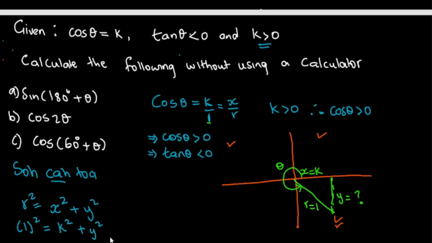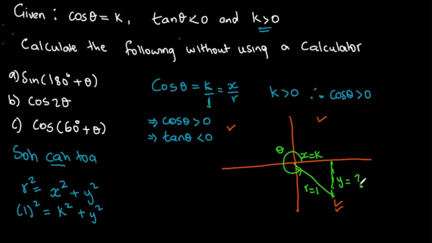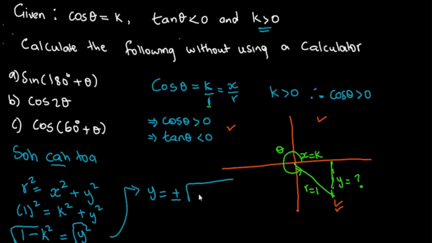So the aim here is to isolate y and make y the subject of the formula. How can we do that? We're going to bring the k squared to the other side to be negative, and this will be y squared. So we can just take the square root of both sides. Remember, if we do that, what is y equal to? y is equal to plus or minus the root of 1 minus k squared.